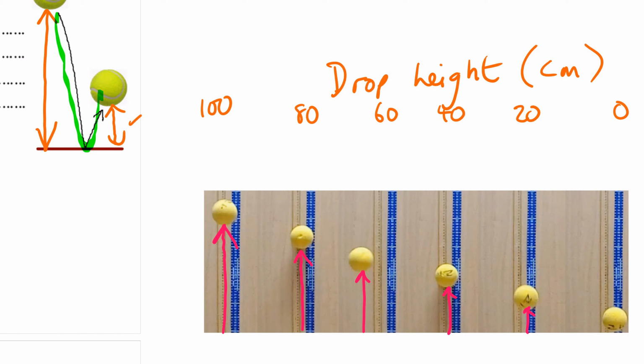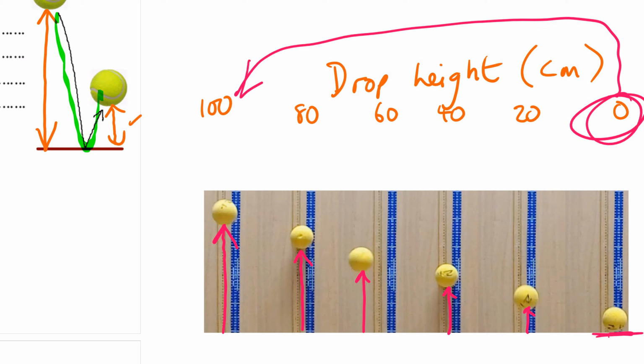So here, the 0 one, it was dropped from 0 drop height, so it bounced nowhere. It didn't bounce up at all. Whereas if we go, whoa, all the way to the end, this was dropped from way up here somewhere, and it is then bounced back up the furthest. Okay, so that's a visual representation.